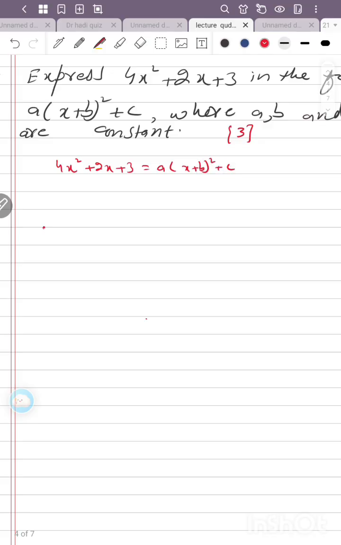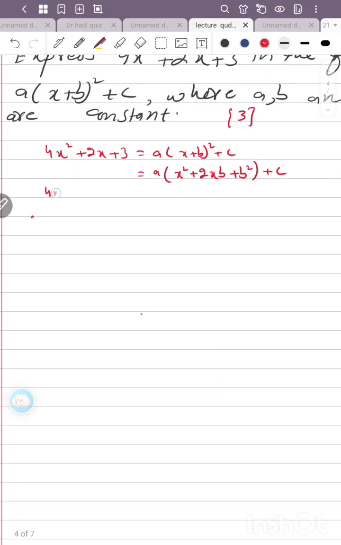First of all, we find its maximum or minimum point. How is this possible? By using what we say is the comparing coefficient method. We have to open this equation. The expansion is x square plus 2xb plus b square. We just open the identity plus c.